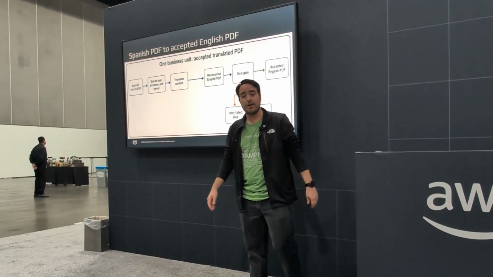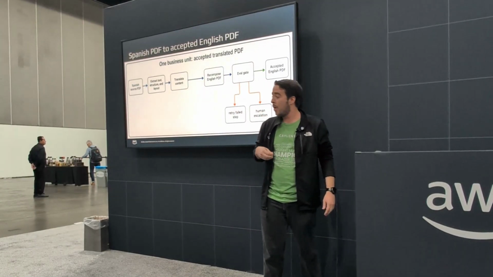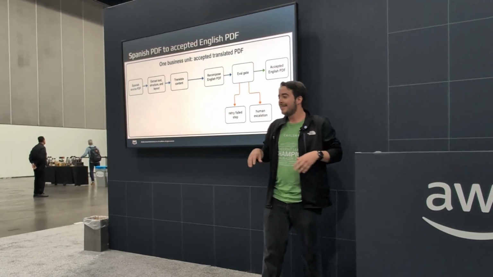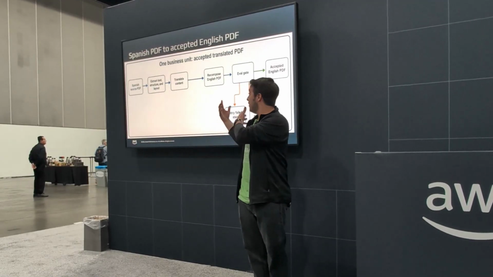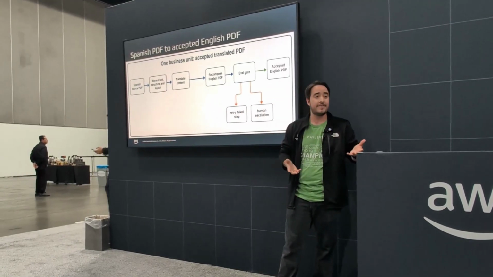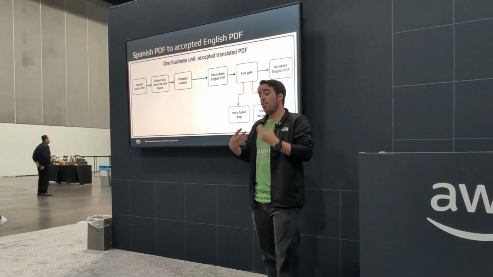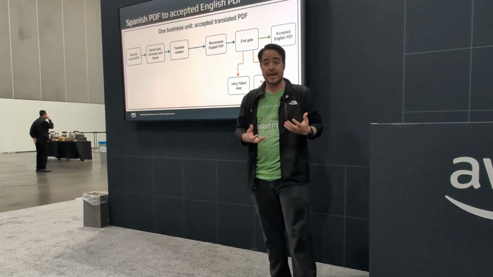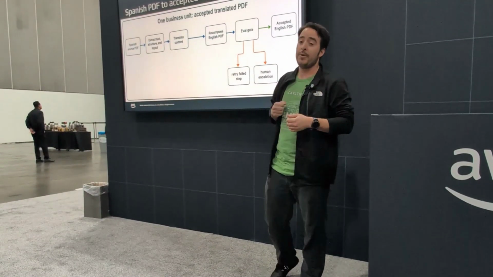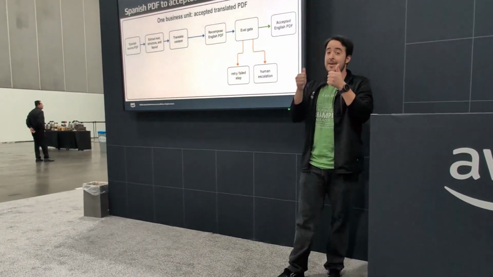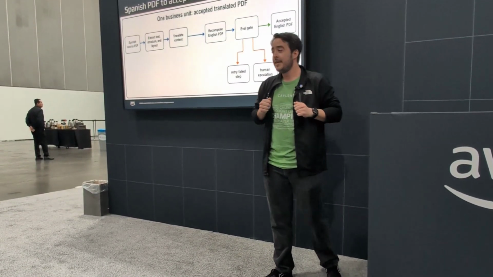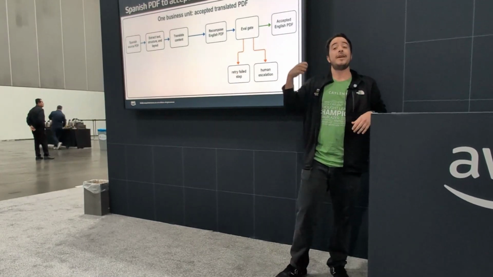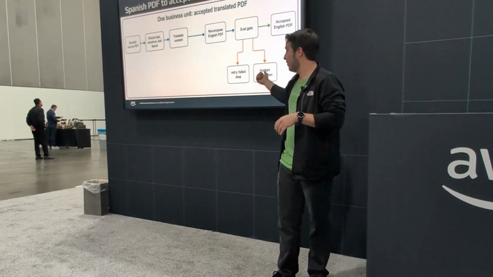So we're basically starting with a Spanish PDF, and we're going to extract the text, the structure, and the layout to then get the text blocks so that we can translate them to the target language, in this case, English. Once we have the translation, we're going to take all that back and recompose that PDF and send it to an evaluation gate where we're going to see if it's an accepted PDF for us. If it's not accepted, we're going to retry. If that retry doesn't get accepted, we're going to escalate to a human.